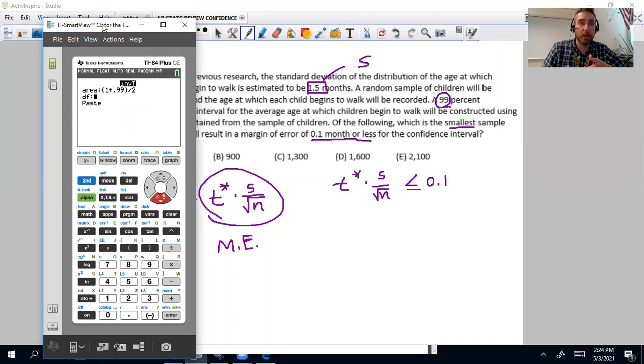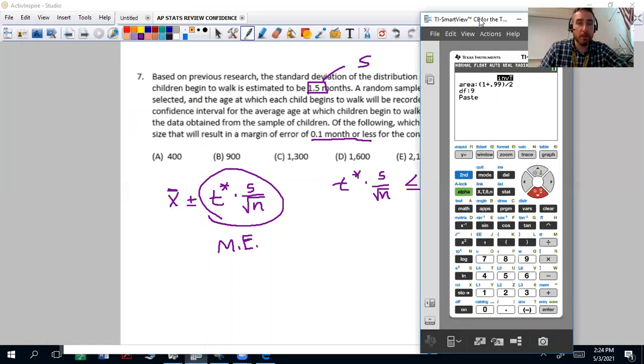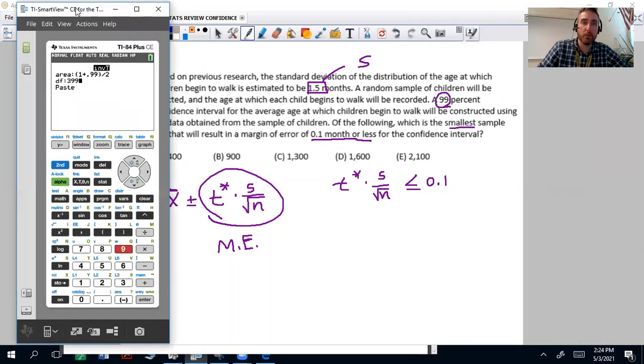Now these are very large numbers. So even if you put 399, that's still a pretty large number. That's approaching a z-score. That's 2.588. Now, if I do that, remember your standard deviation is 1.5.